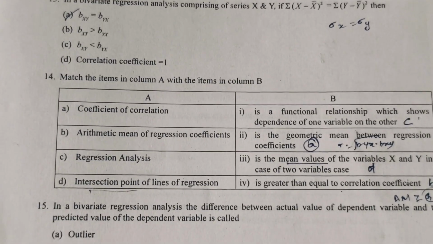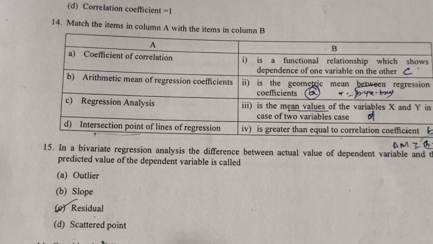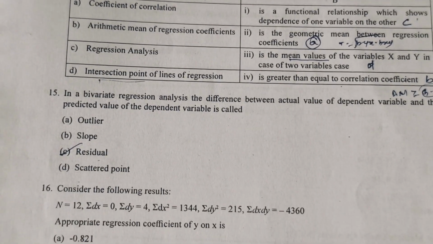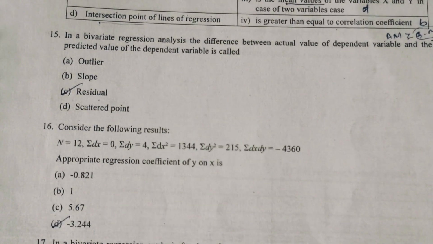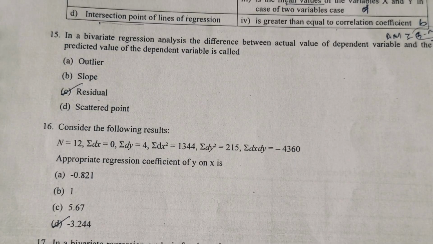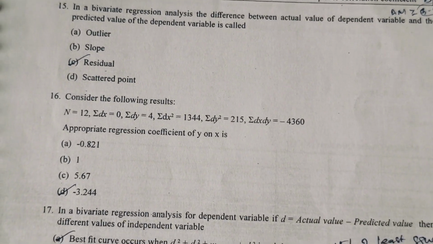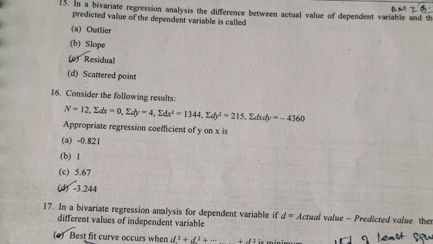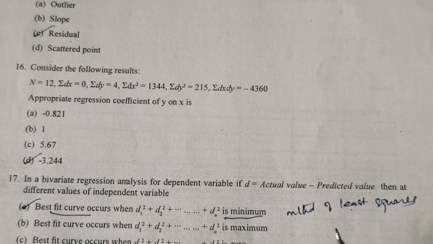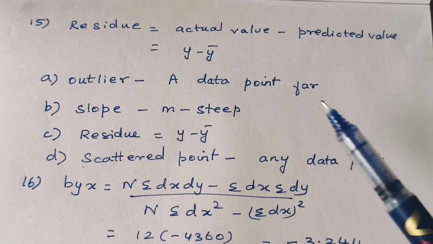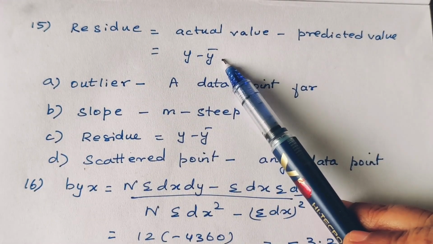Then 15th, it is residual. 16th, it is minus 3.244. Next, line of best fit by the method of least squares. So this is minimum. Remember, least means minimum. Next, the calculation part for question number 16 and 15 is explained.